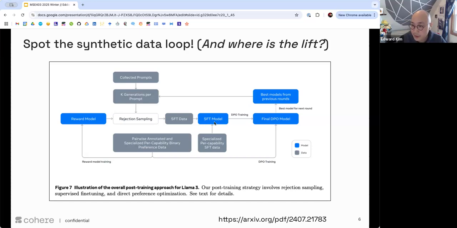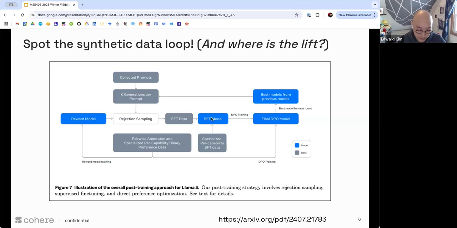But you can trace that there's a loop where you keep training the model, and you get the best models, and then you generate more from that model, and you do something called rejection sampling, and you train it again. So if you follow the logic of that, you are taking the models, generating more answers or completions from them, and training on them again.